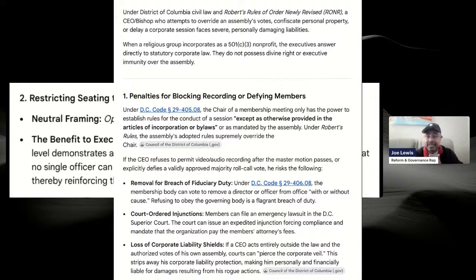Remember, we've been talking about this. You have a fiduciary duty of loyalty to that organization and its members. You have a fiduciary duty of care to that organization and its members.